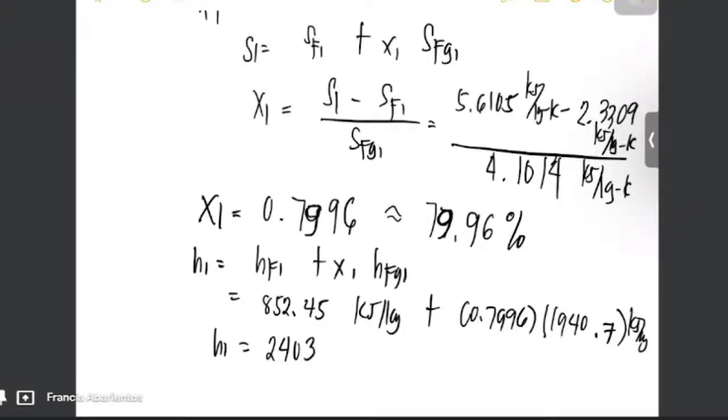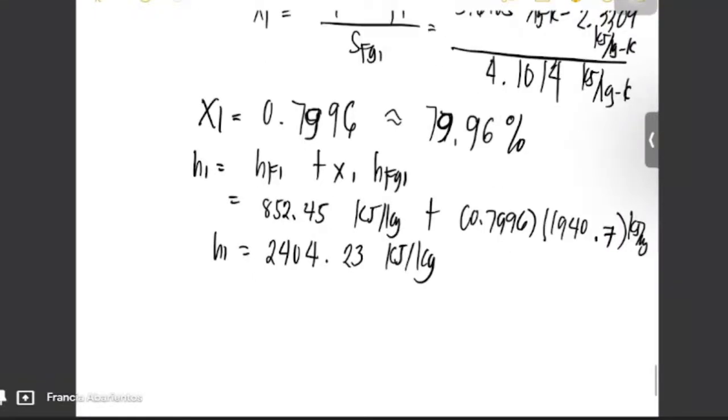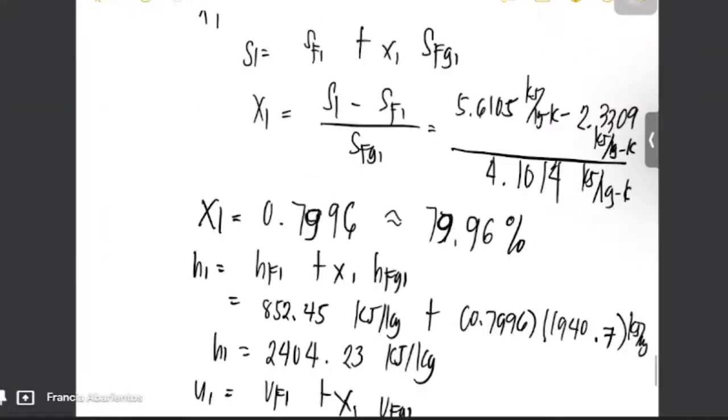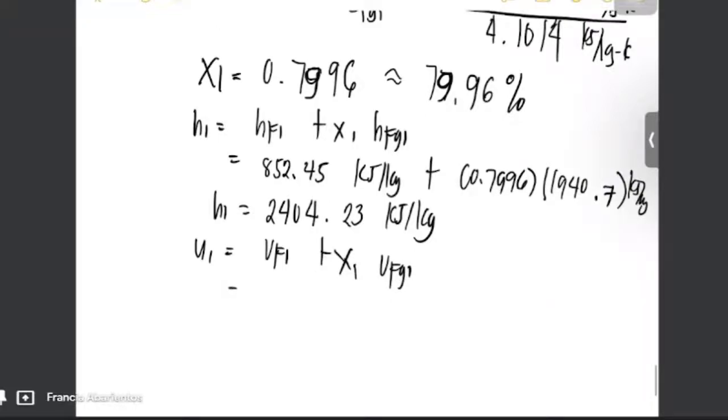Bakit? Palaging mali si ma'am magsulat. 2,423 kilojoule per kilogram. Okay, we have now the H. We move on to the internal energy at 0.1. Yan, dapat mabilis na kayo lang yan. UF. UF1.